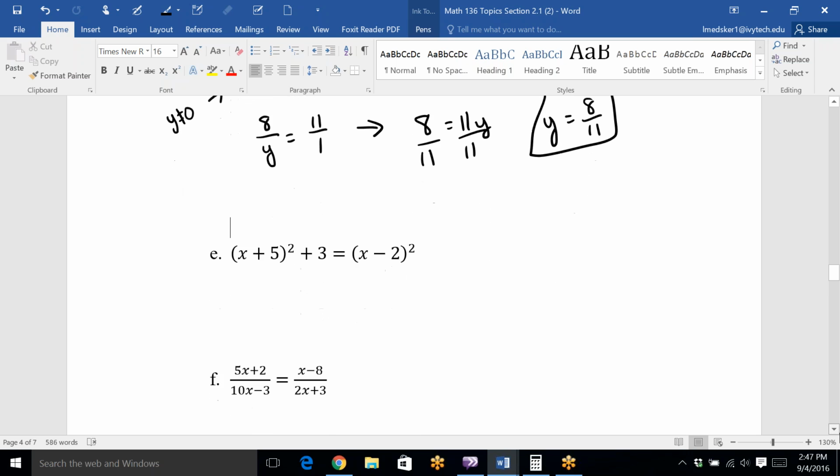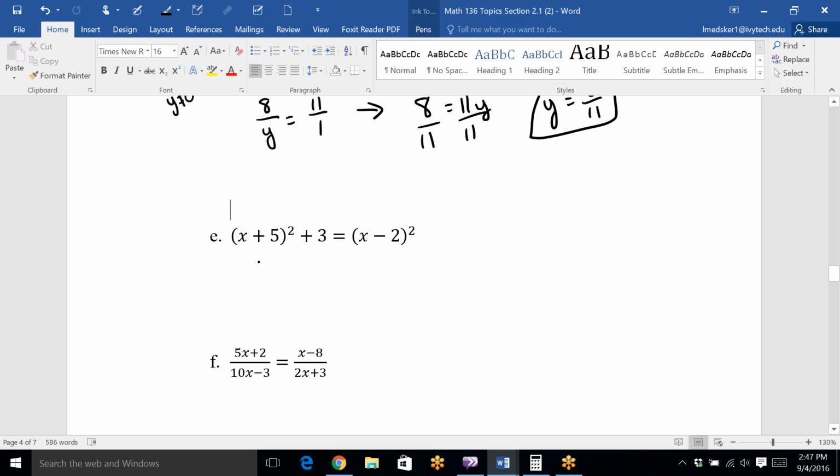Okay, let's look at E. This one has us squaring some things, so we have to write it twice and FOIL it out. So this would be x squared plus 5x plus 5x, so that would be plus 10x.